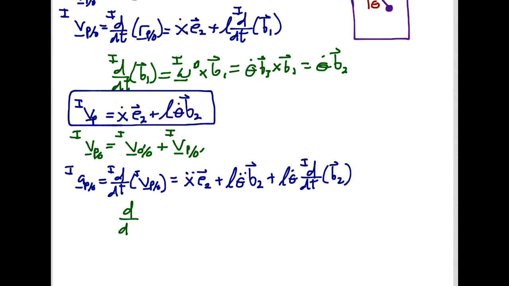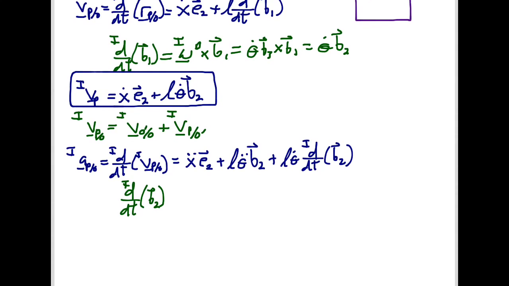So the time derivative of the unit vector B sub 2 is equal to omega of B observed in the inertial reference frame cross with B sub 2. So this is theta dot B3 cross with B2, and we get from this a negative theta dot in the B1 direction.